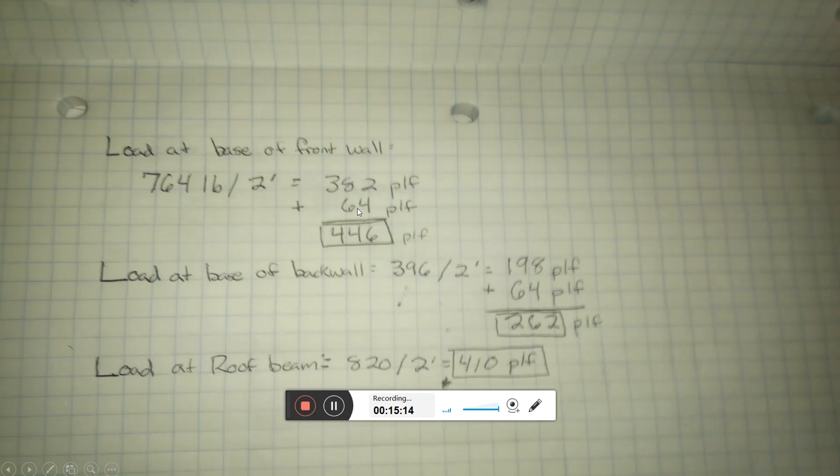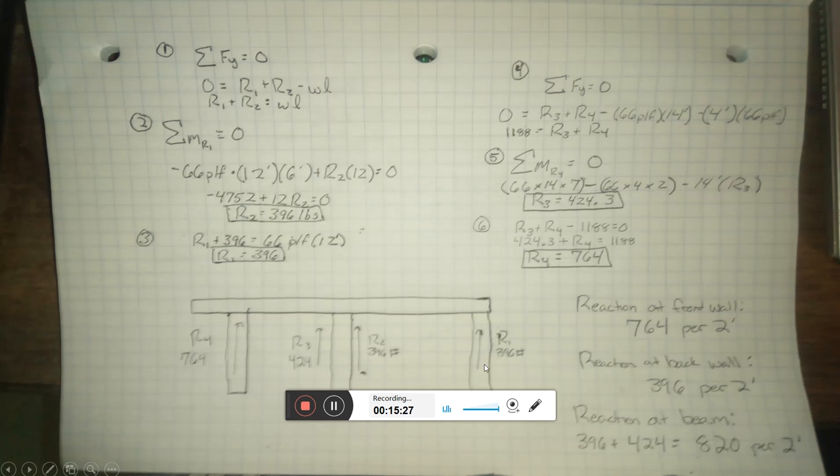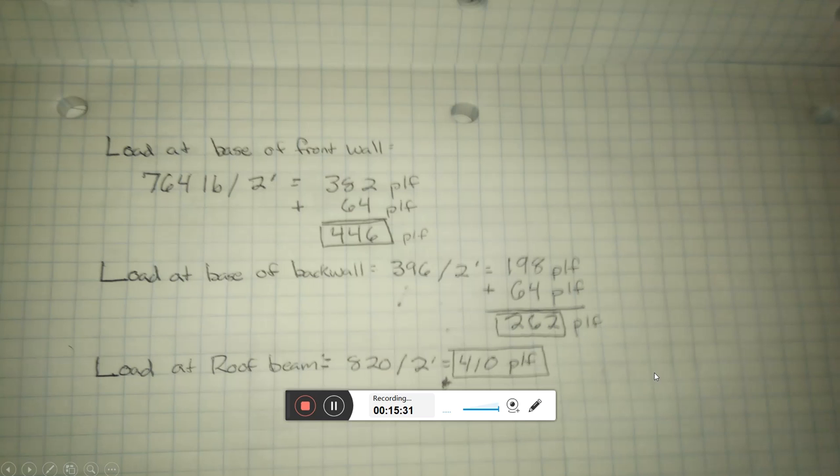And then you add the dead load, or the total load that we found from the rafters, to get 446 pounds per linear foot. At the back wall, which is right here, we have 396 per 2 feet.